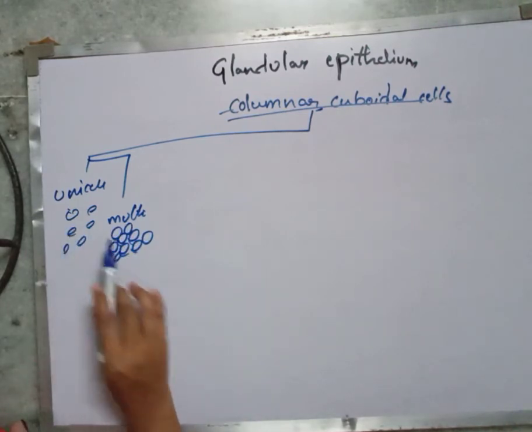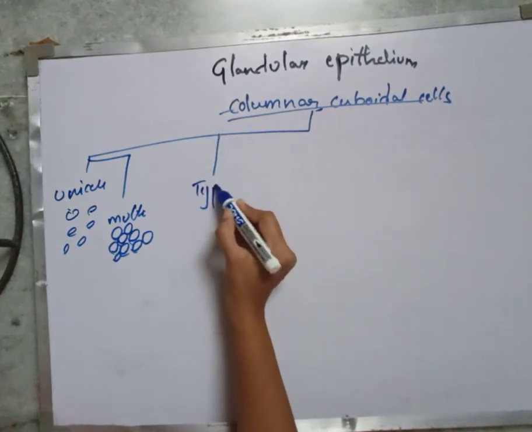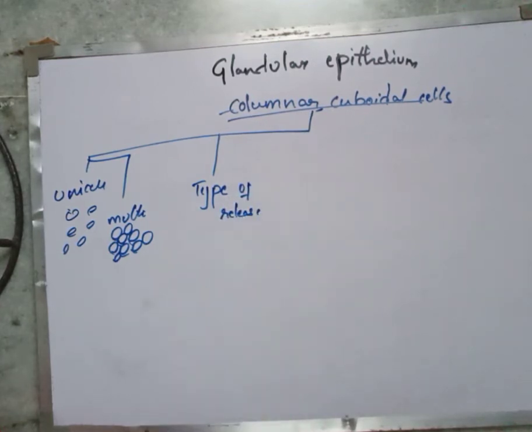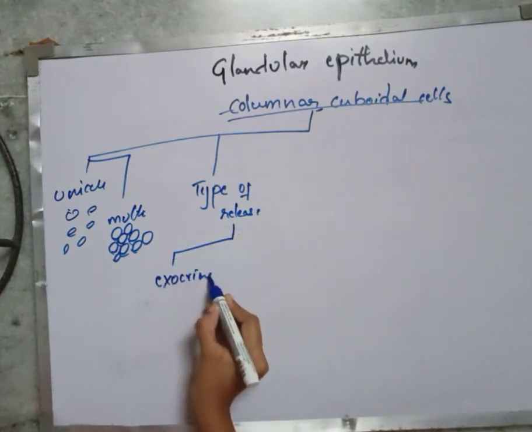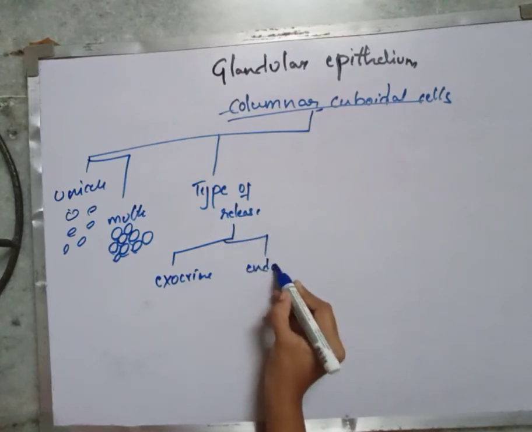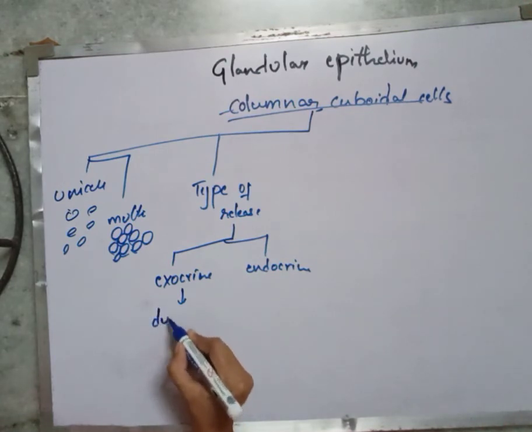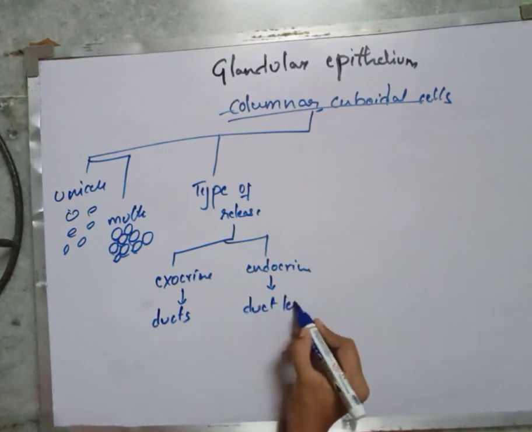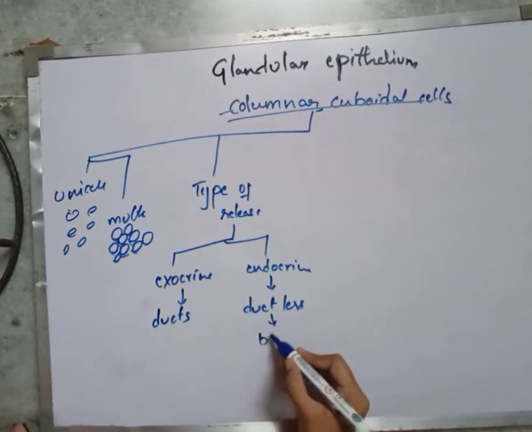So this is about unicellular and multicellular glandular epithelium. Based on the mode of release of secretions, these are classified into exocrine glands and endocrine glands. Exocrine glands release the secretions through ducts, whereas the endocrine glands are called ductless glands. They do not release their secretions through ducts; they are directly released into fluids such as blood.